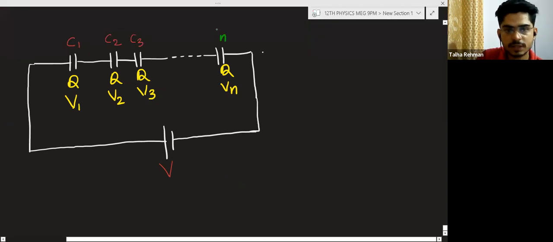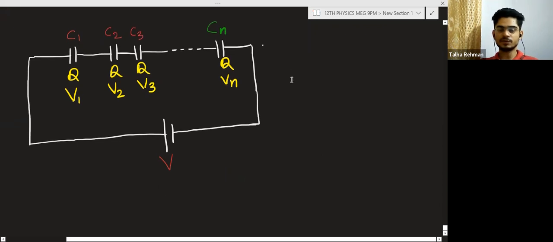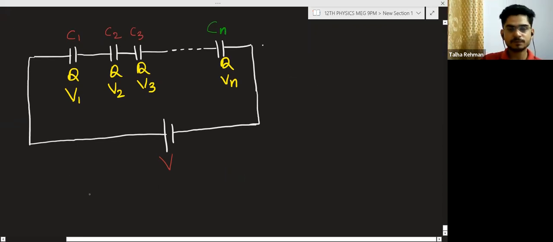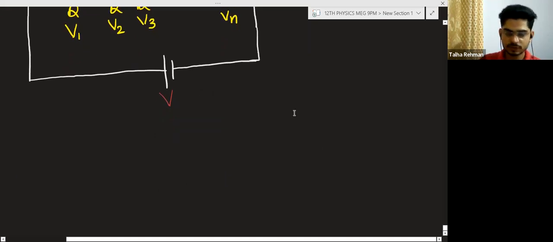This is Cn. Yeah, this is the same circuit, not the modified circuit. So from this circuit, there can be some questions that can be asked.